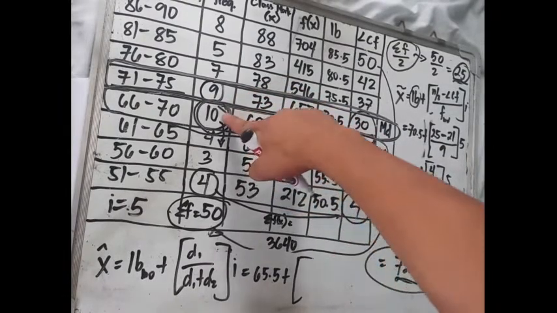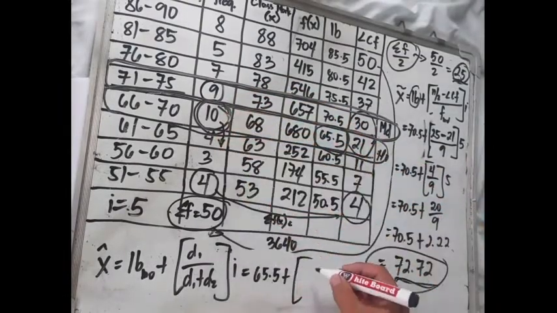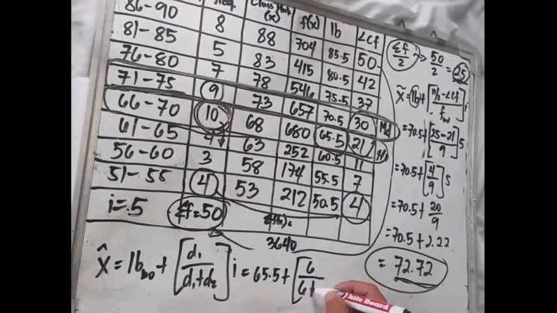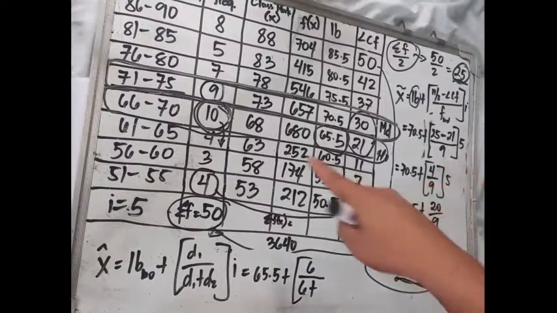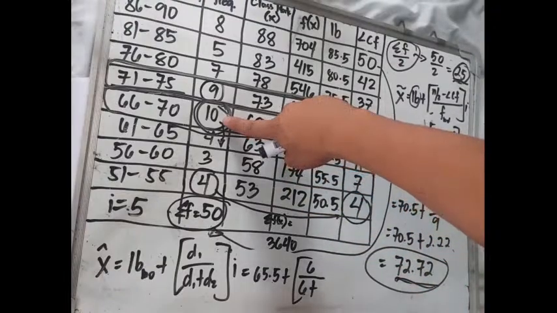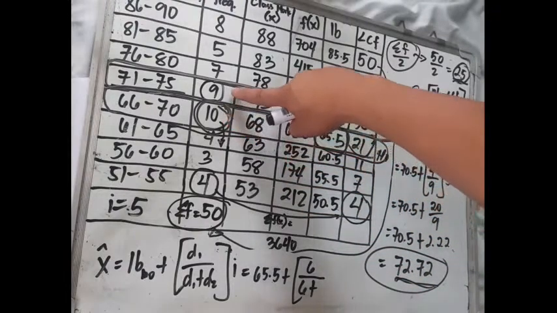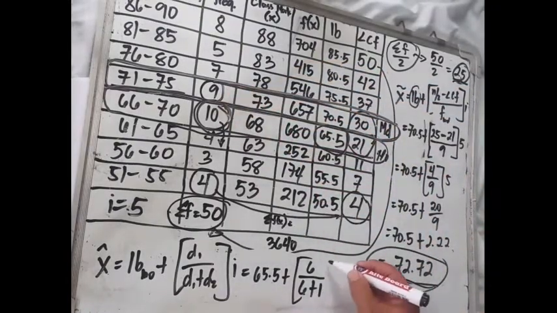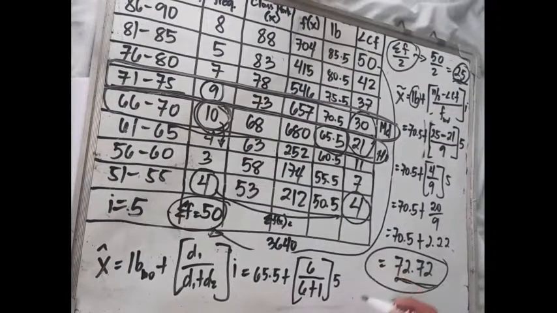So that is 10 minus 4, that is 6 over d sub 1, 6 plus ang d sub 2, frequency of the modal class above, okay, difference. So that is 1 times 5.